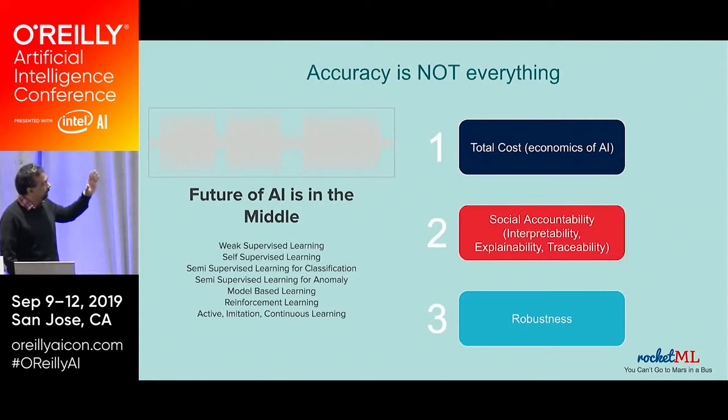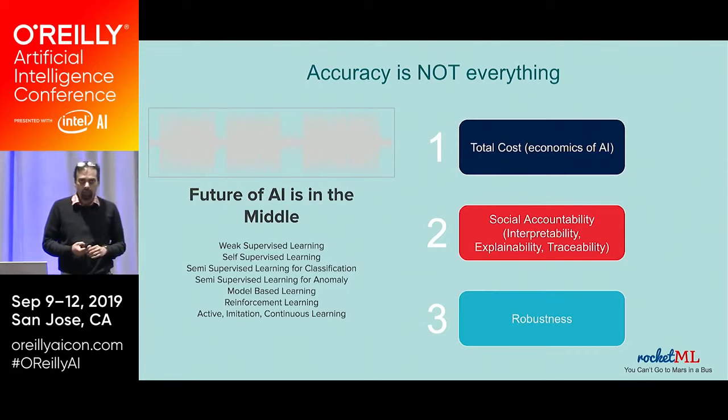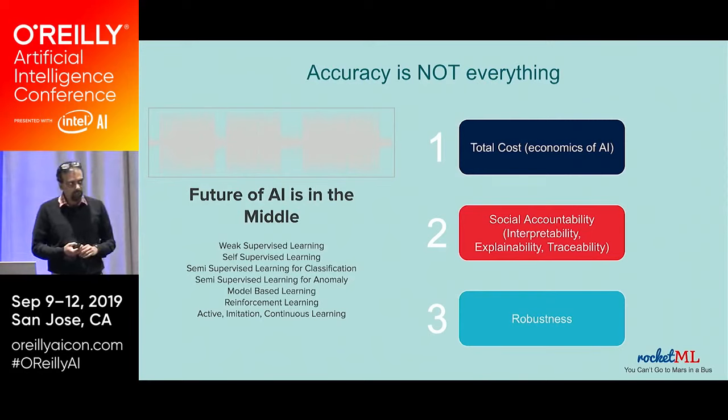The future of machine learning addresses three problems that current machine learning methods have. The first is the total cost. The total cost definition is that you have labeling cost, and you have the machine learning engineer or data scientist cost. Those are the two human costs.